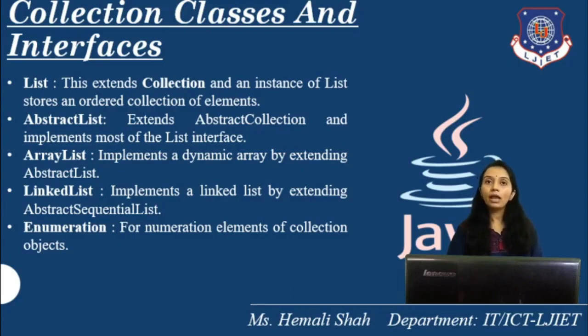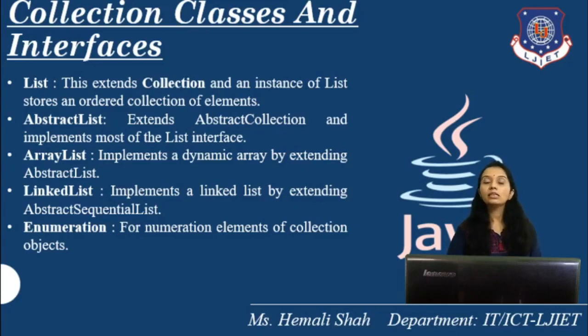So this ArrayList basically implements the dynamic array by extending AbstractList, and this LinkedList implements the linked list by extending the AbstractSequentialList. So this is again an abstract class which is a superclass of this LinkedList. So here the basic difference: both implement the list, but one is implemented by the concept of array and another is implemented by the concept of linked list, right?